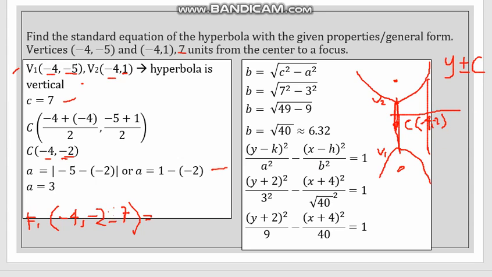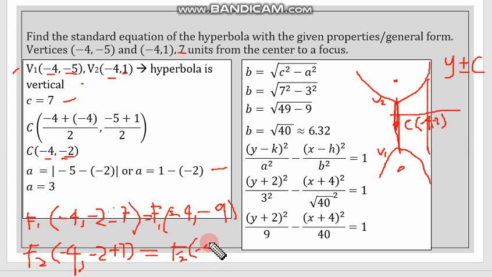So -2 minus 7 gives -9, and -2 plus 7 gives +5. So the foci are (-4, 5) and (-4, -9), in whichever order.